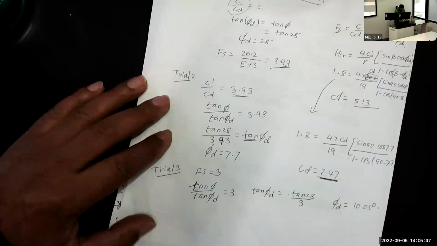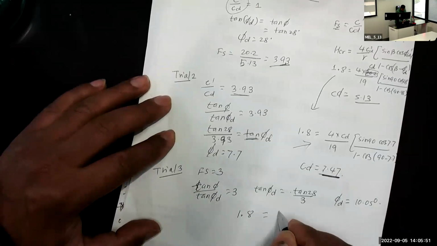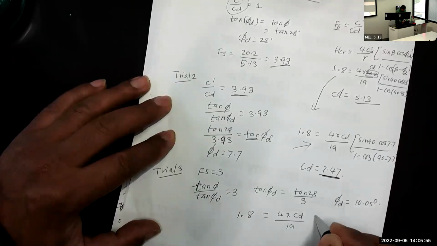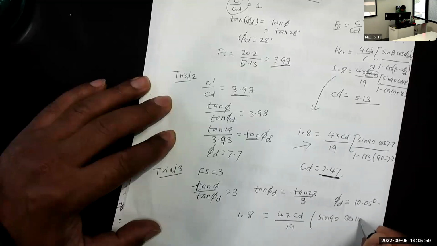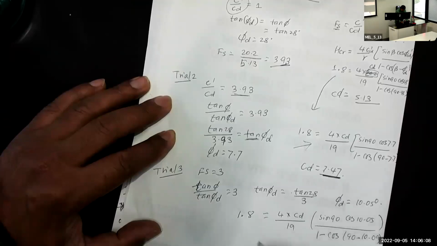So now put it in the same equation again. 1.8 equals 4 times CD divided by 19 sine 90 cos 10.05 divided by 1 minus cos 90 minus 10.05. What do you get for CD now?